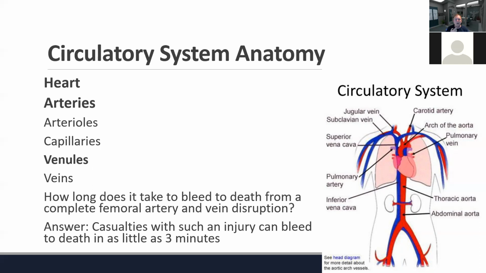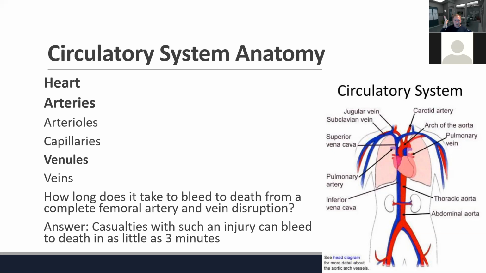Another place to feel a pulse is I feel my trachea, my windpipe, and I slide to the side. There's a muscle here called the sternocleidomastoid muscle. It's not necessary you know the name of it, but there's a muscle there, and if you press down, you can feel the pulsation. Any place that you can feel that pulsation, that's where arteries are distributing blood to other parts of your body.